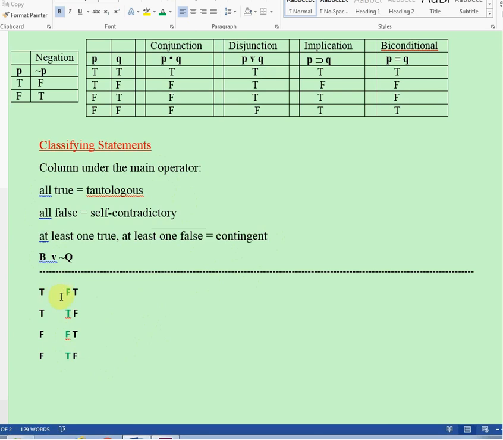Remember the rule here: if at least one is true, the whole thing is true. If you don't remember the rule, you have the disjunction table up here, and you could just compute it. True or false is true. Remember, if at least one is true, the whole thing is true. True or true is true. False or false is false, and then false or true is true.